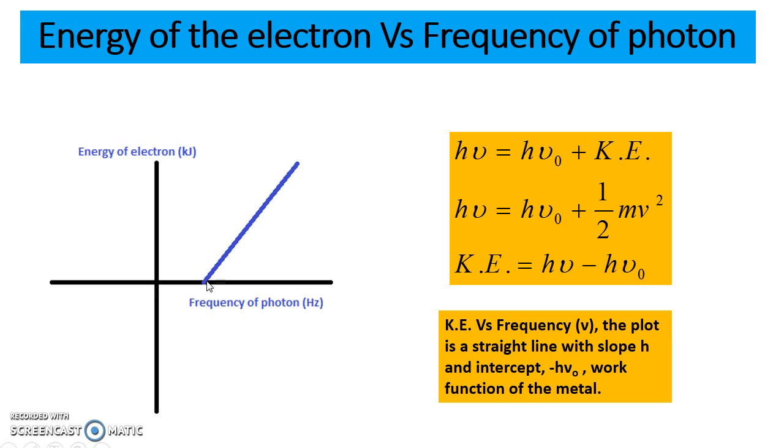Beyond the threshold frequency, when the frequency is increased, the emitted electron possesses an increasing value of kinetic energy, which can be read by referring to the y-axis.